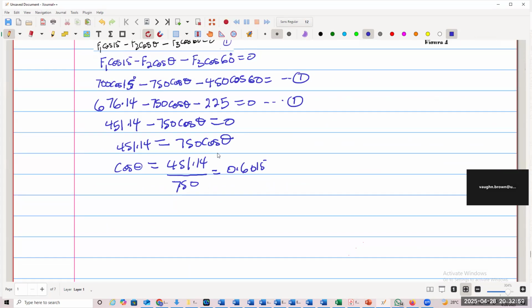So this now, the cos inverse of this, which is going to mean theta is equal to the cos inverse of 0.6015. Now will give me, when I put the inverse of that in the calculator, I am getting 53. Anybody concur with that? I'm getting 53. Right. So you see that one.